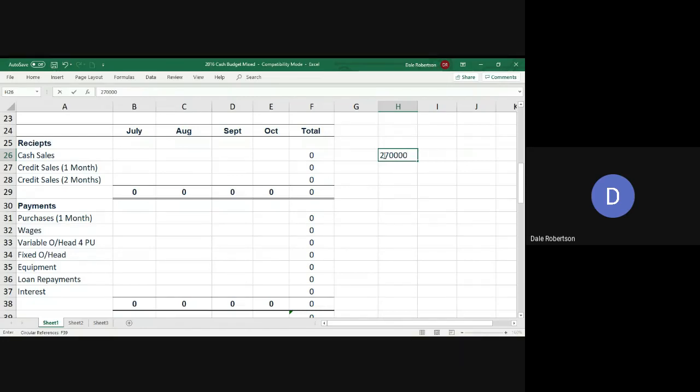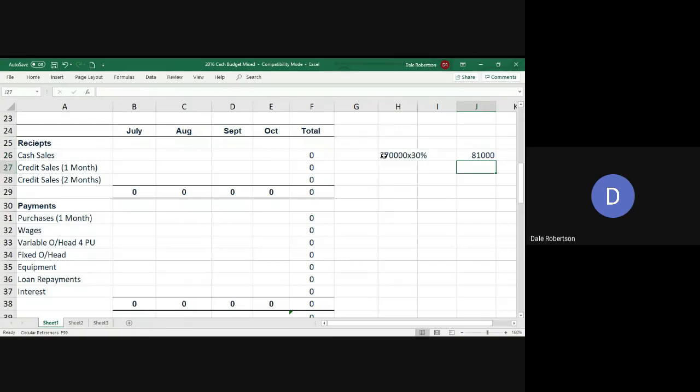So if we take the July sales revenue of 270,000, and multiply that by 30%, we will get 81,000.